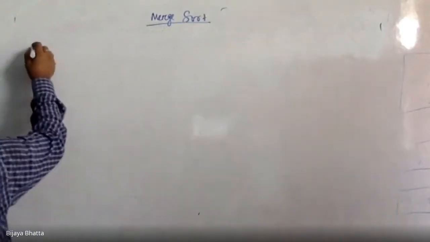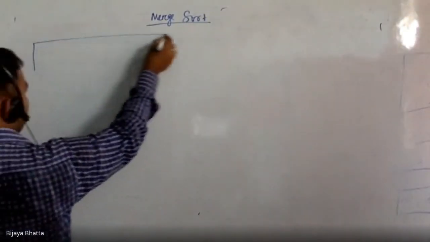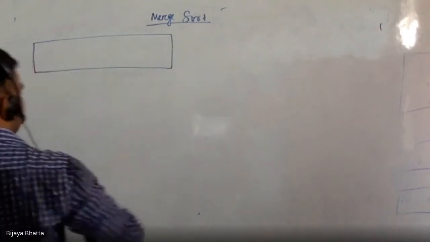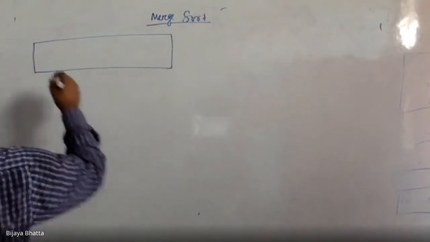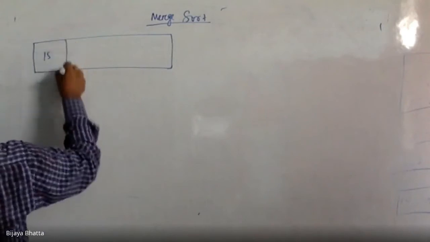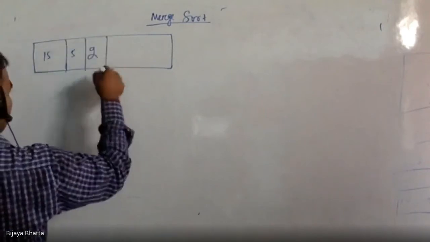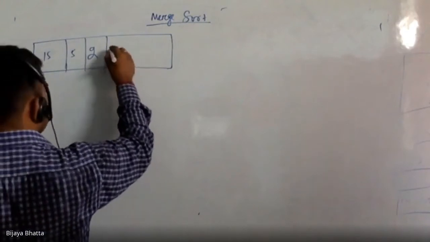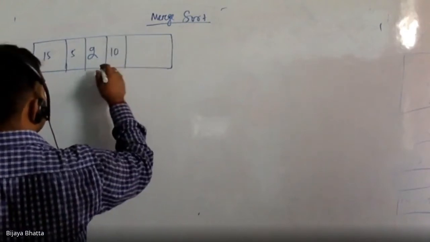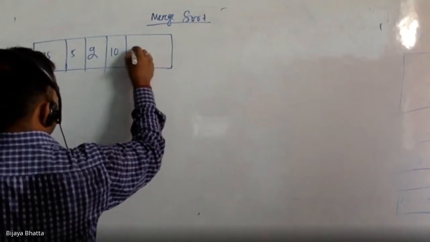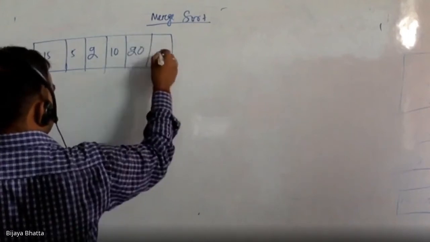Suppose I have 5 elements: 15, 5, 2, 10, 20, then 7.